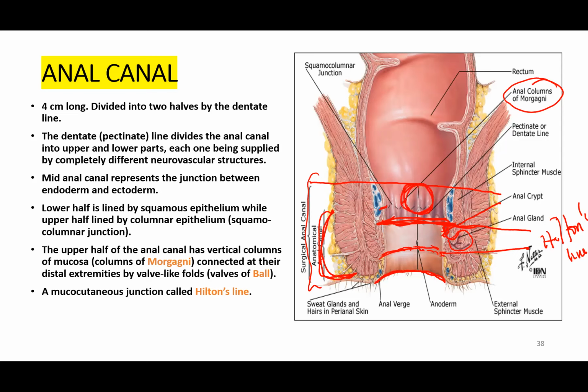If you have anal cancer that is located in the anal canal above the dentate line, it is called anal canal tumor. But if you have a tumor that is in the anal canal below the dentate line, it is called anal margin tumor.